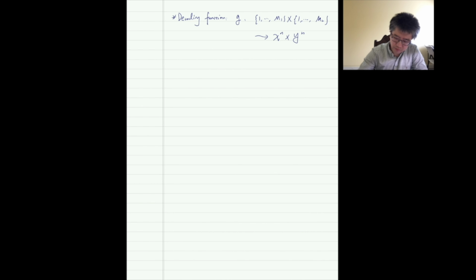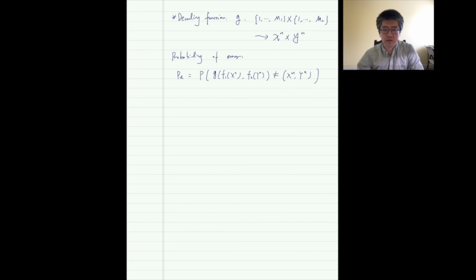And next, let's define the probability of error. As we have seen before, different definitions of probability of error will not result in different results. So here we just go with the simple version. The probability of error means that the decoded signal G(F1(X^n), F2(Y^n)) does not equal (X^n, Y^n), right?